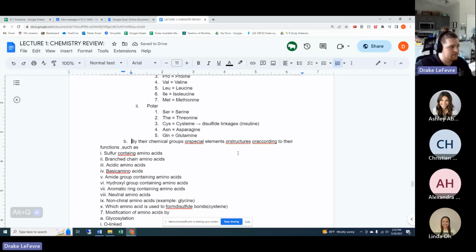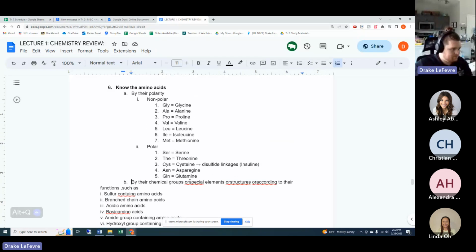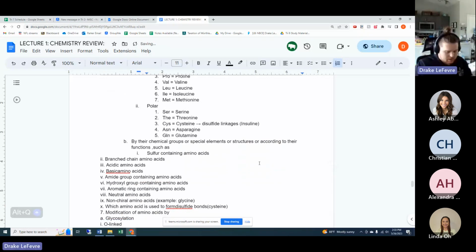Okay, now we have them by their chemical groups or special elements or structures or according to their functions, such as our sulfur containing. Does anybody remember a mnemonic about sulfur containing? There's a mnemonic or a little saying that I had talked about.